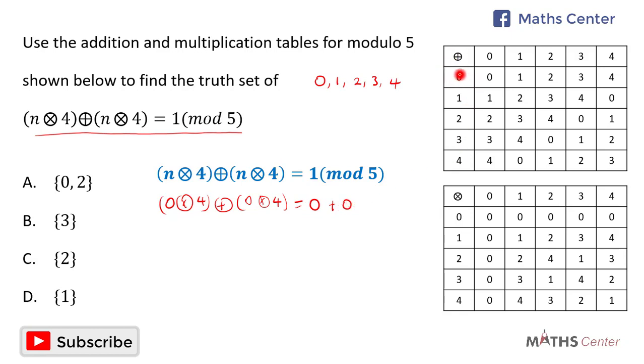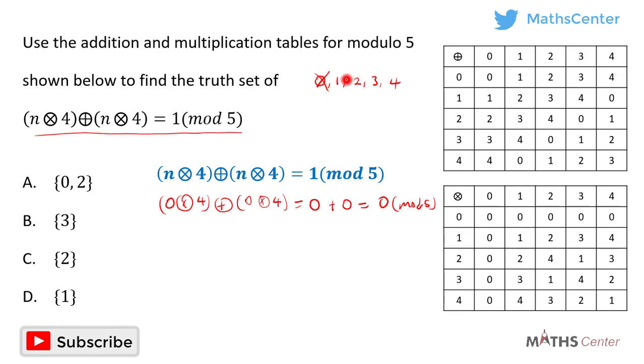From our addition table, 0 plus 0 will give us 0. The equation says that n times 4 plus n times 4 should give us 1 in mod 5. What we are having here is 0 in mod 5. So it means that 0 will not satisfy the equation.